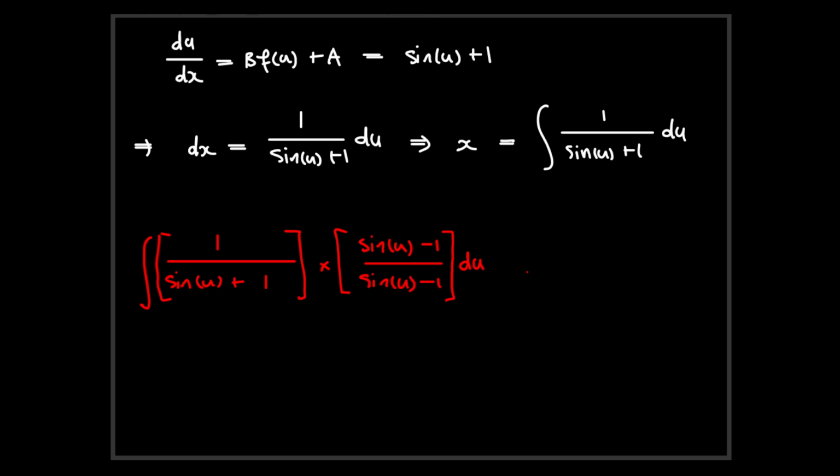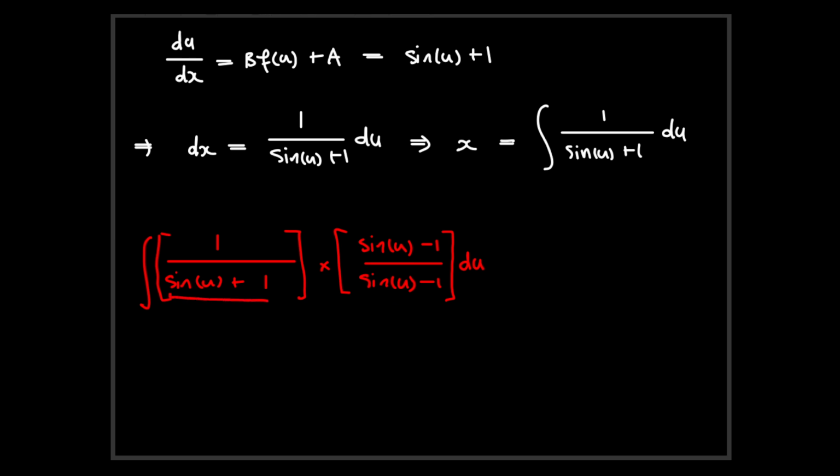What is the effect of multiplying by this particular clever 1? It's going to change the denominator in a way that we can manipulate it.